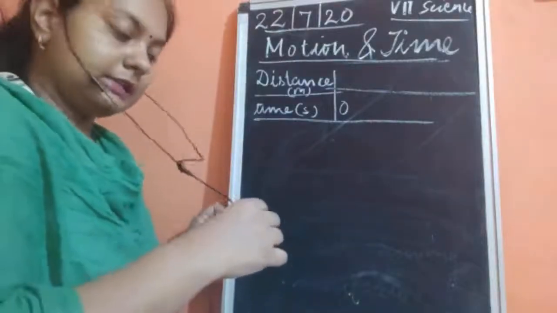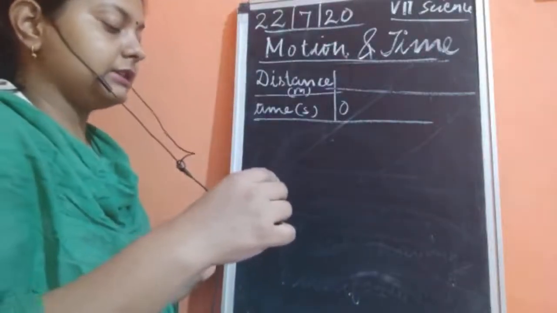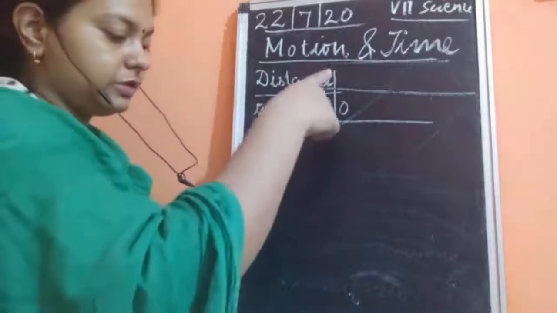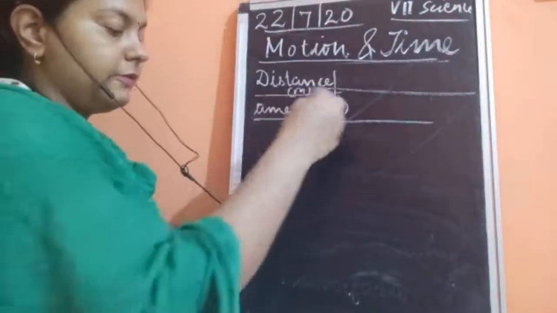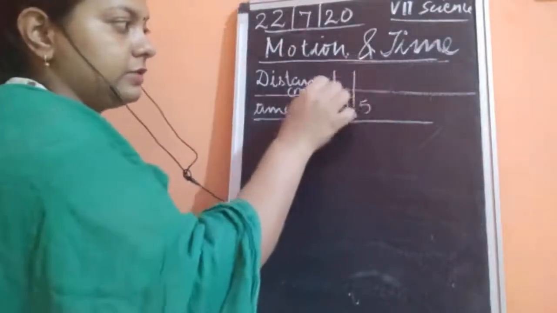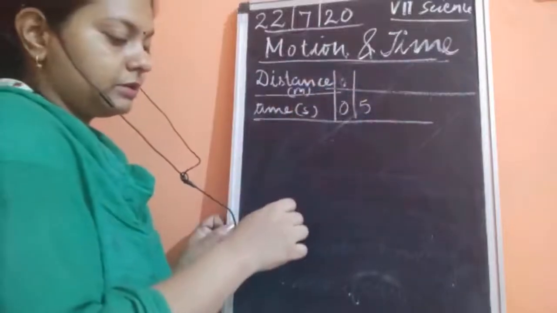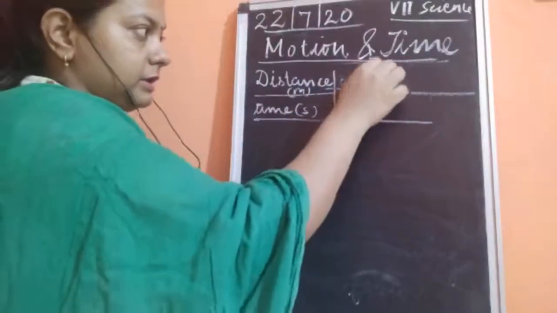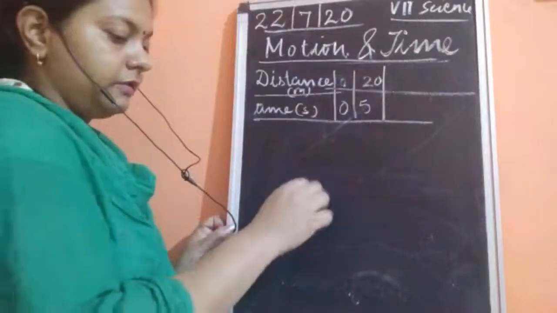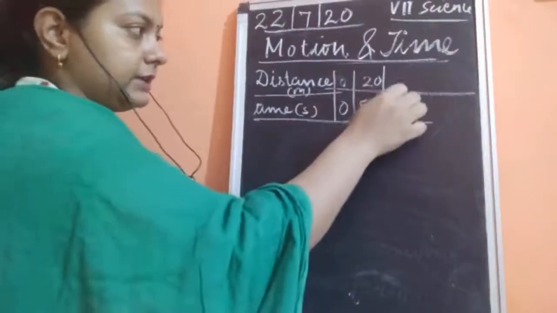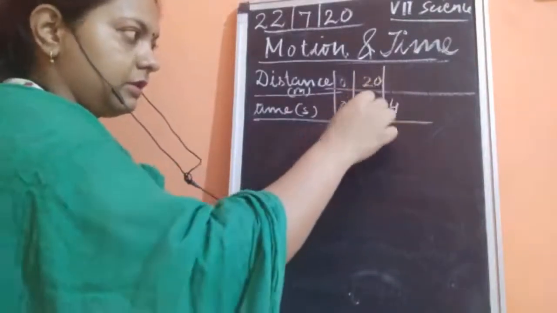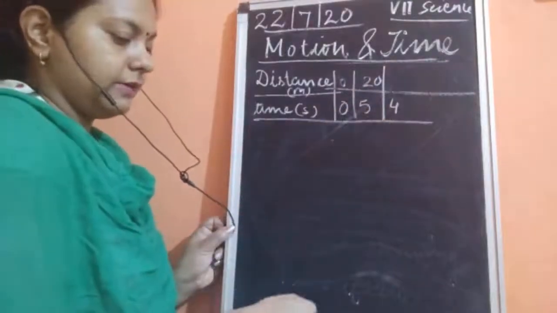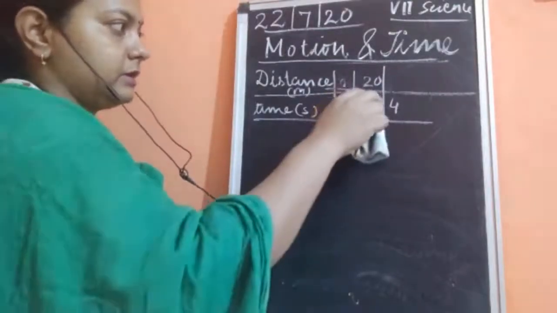So here, at 0 time, it is going to travel 0 meters. Then if 5 seconds is there, it is going to travel how much? 20 meters. Then in 20 seconds it is traveling 5 meters. Just write like this.